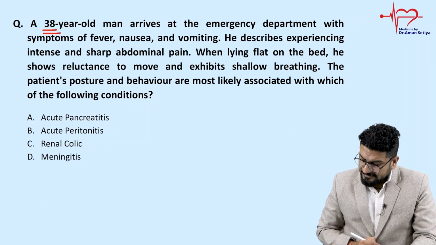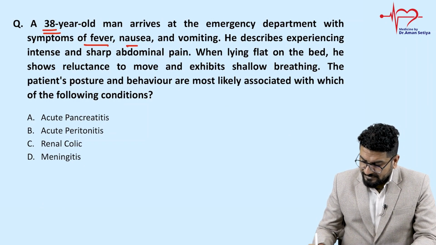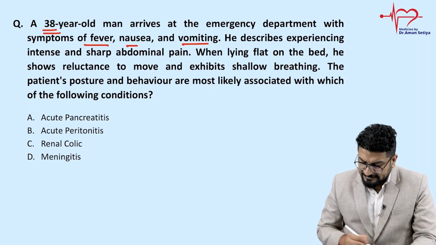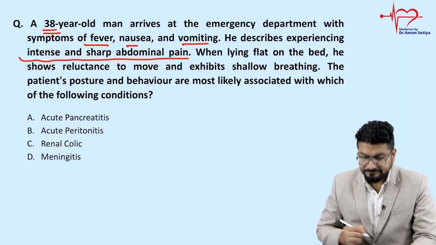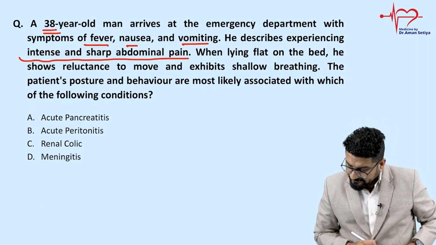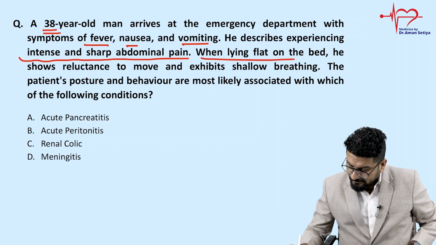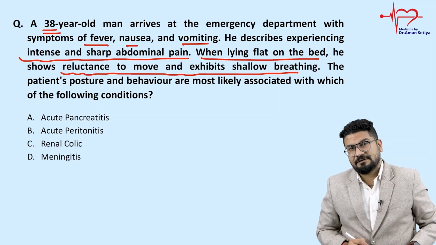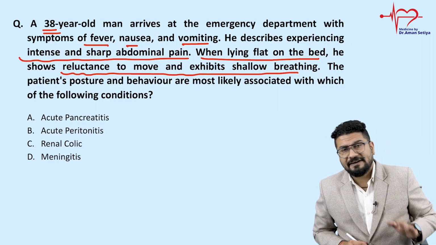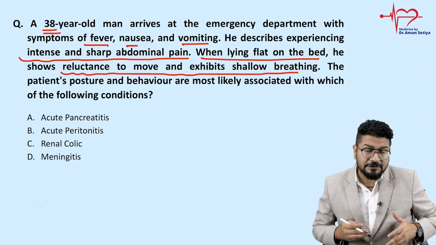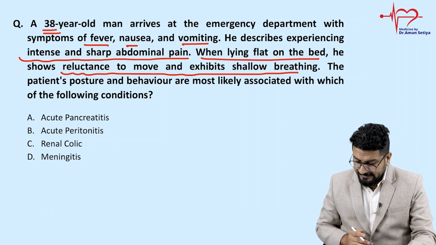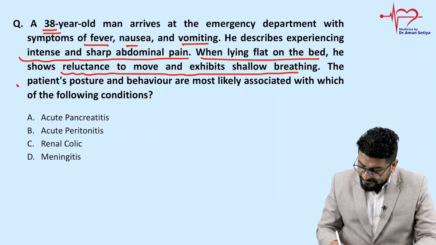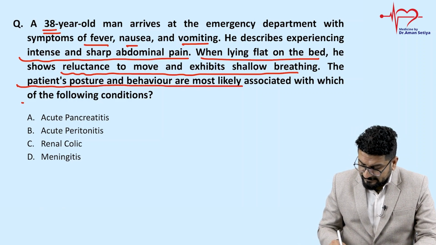A 38-year-old man arrived at the emergency department with symptoms of fever, nausea, vomiting. He described experiencing intense and sharp abdominal pain. While lying flat on the bed, he shows reluctance to move and exhibits shallow breathing. Means patient is having that intense pain, like he doesn't want to move his body, right? The patient's posture and behavior are most likely associated with which of the following conditions.